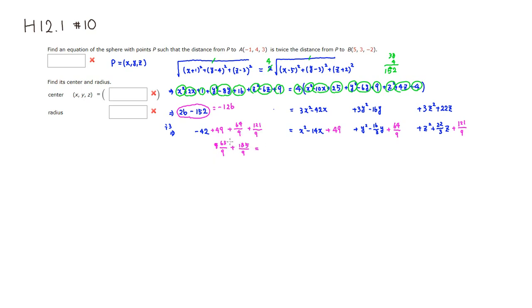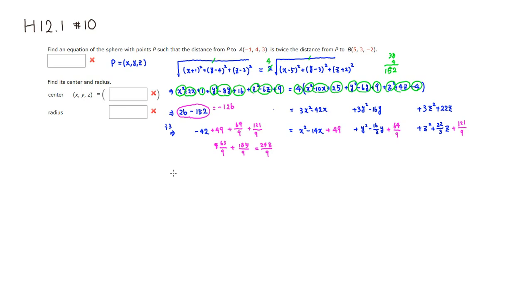So you're going to have 185 plus 441, which is 626 over 9. So that's going to be the left-hand side.